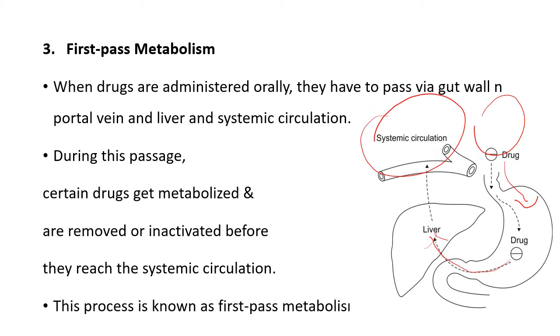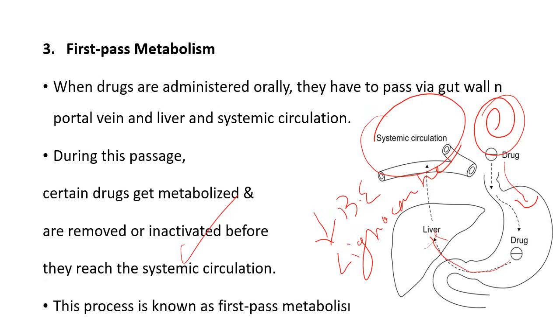Again, the same cycle keeps repeating. This is first pass metabolism. During the process, certain drugs get inactivated and it decreases bioavailability. Example is lignocaine, it is inactivated in the liver, and second is isoprenaline in the gut wall.